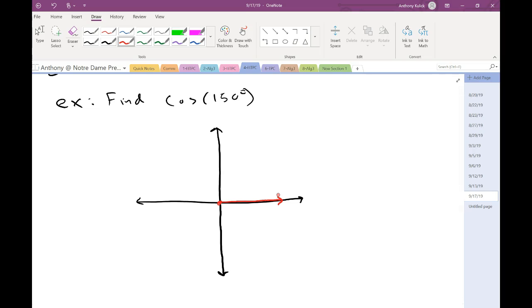And I'm going to rotate my other arm of the angle, the terminal side, 150 degrees. So 90 degrees to here, and then 60 more would make 150, so over around there. Everybody okay with that picture that I've drawn?